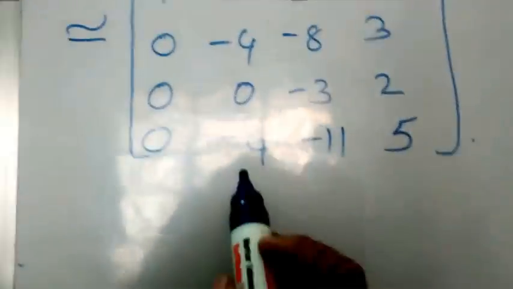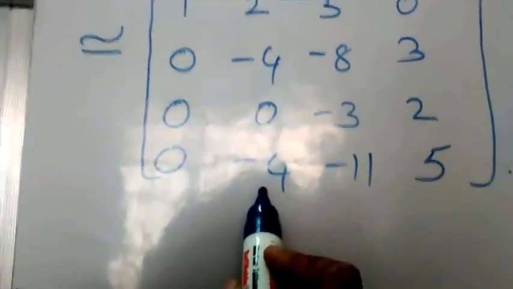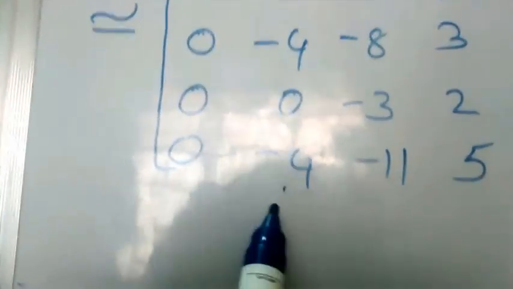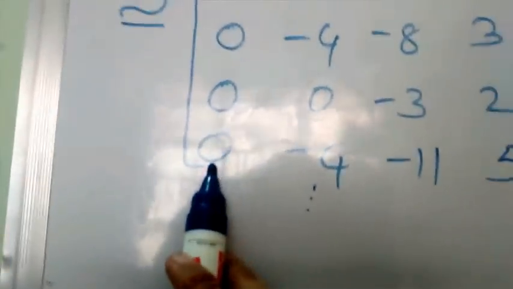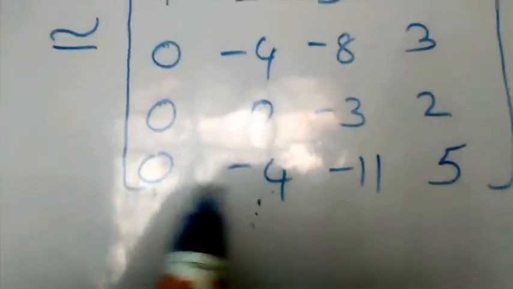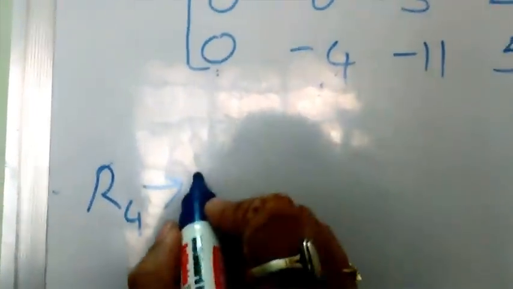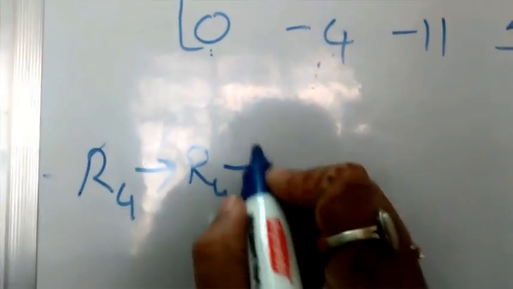Now I have to make this element 0. By using R2 I will make this 0. I cannot use R1, because if I use R1 for making this 0, the very first element would appear here, and it's already 0, so we are not going to touch R1. So the operation will be R4 tends to R4 minus R2.